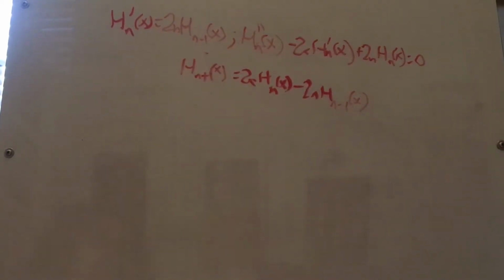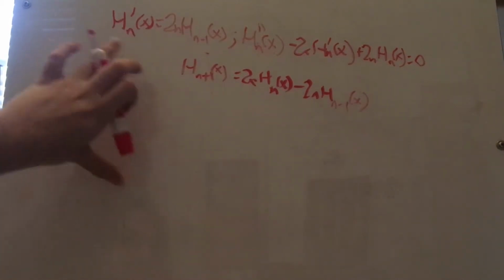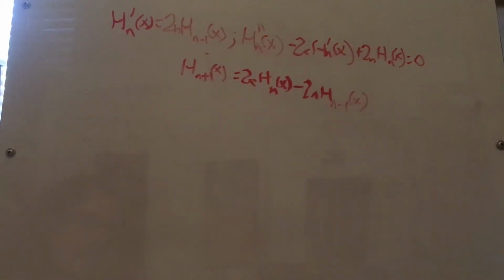So essentially we're trying to derive a recursion relation without derivatives involved, which makes it a little bit easier to work with the polynomial since derivatives kind of take a little bit of time.